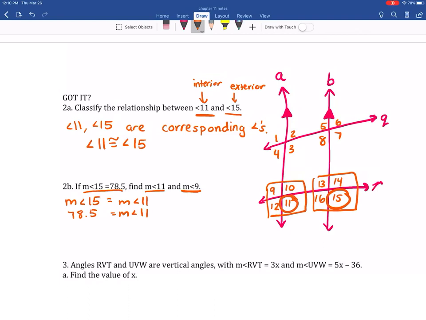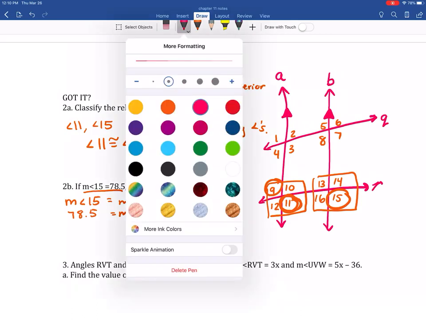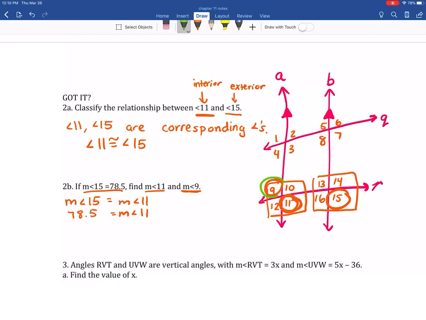Well, look at 9 and 11. 9 and 11 are opposite of each other, so aren't they vertical? And we know that vertical angles are equal. But also, if you look at 9 and 15, they're alternate exterior angles, and I know alternate exterior angles are congruent.